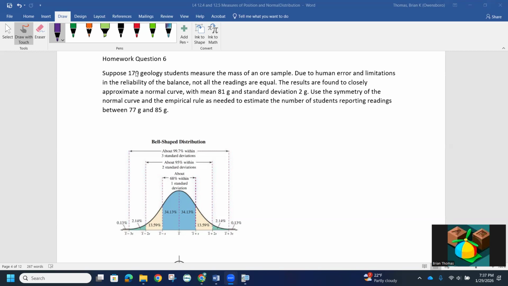The results are found to closely approximate a normal curve with the mean of 81 grams and a standard deviation of 2 grams. Use the symmetry of the normal curve and the empirical rule as needed to estimate the number of students reporting readings between 77 grams and 85 grams. So feel free to pause this and read that a couple of times because that's what I'm going to do.